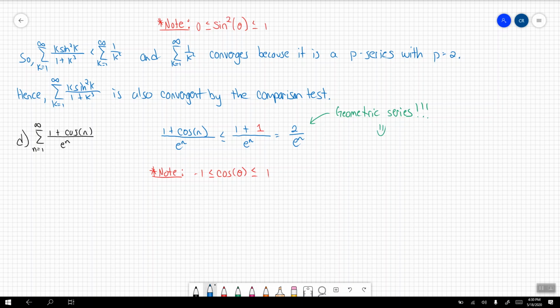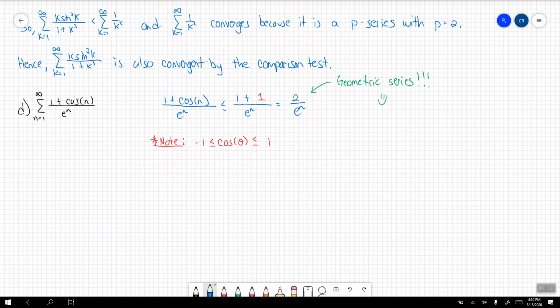So, will this then converge or diverge? We have to find out. All right, so we're going to be looking at my geometric series where I'm going to have 2 times 1 over e to the power of n. Now remember, n in this case is the exponent and e is that constant.